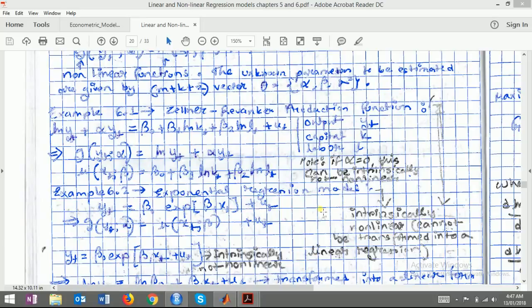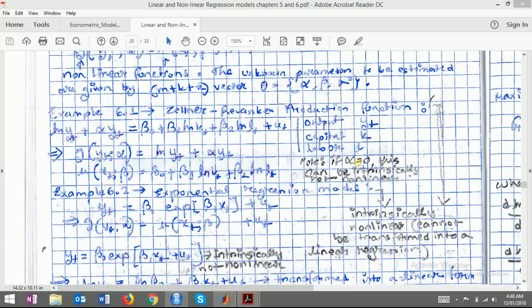In the regular form we can represent yt as a nonlinear function g(yt, alpha) equals mu(xt, beta), with the second part representing the independent variable function plus ut.